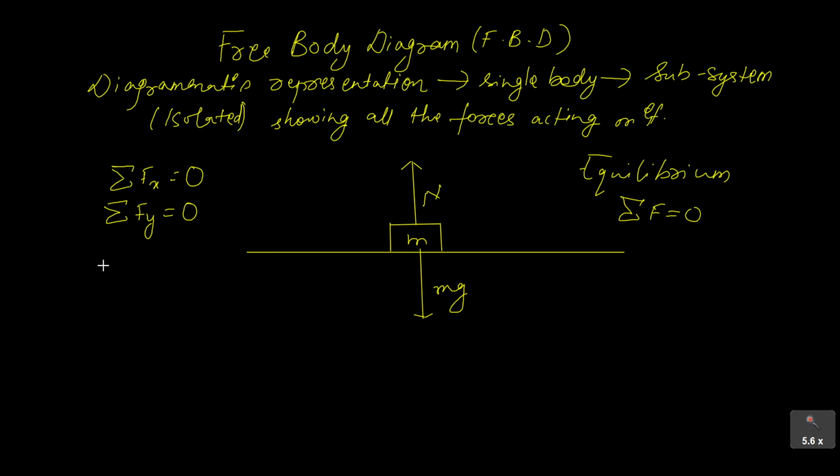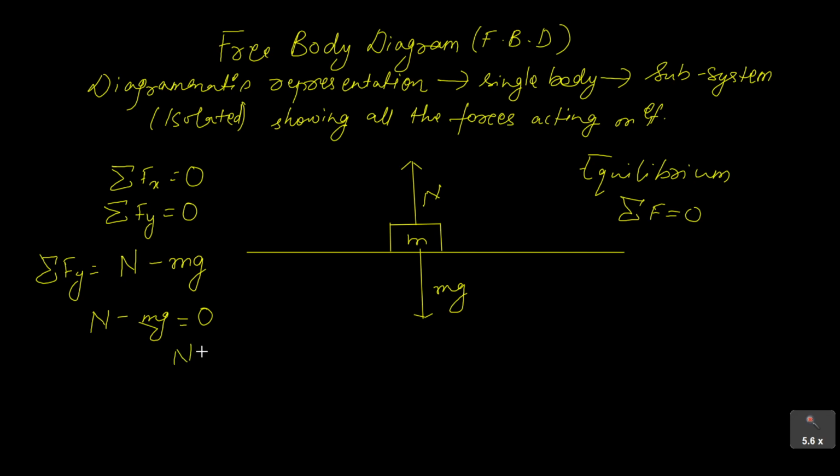And then if I write the equation for Fy from the FBD, you will see the normal force is upwards and the mg is downwards. So I am using a negative sign here just to show that these forces are opposite in direction. We know the summation of Fy is 0, which makes N minus mg equal to 0.